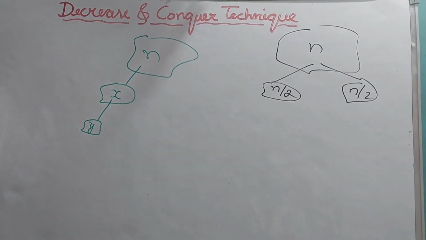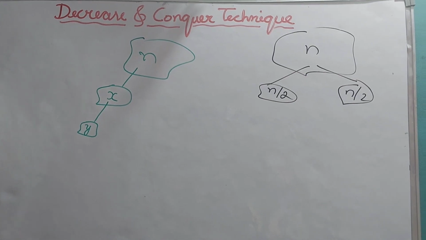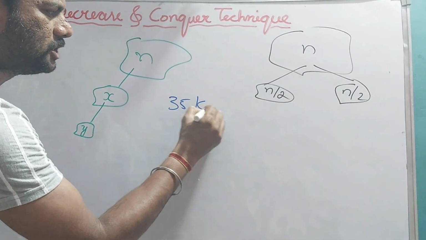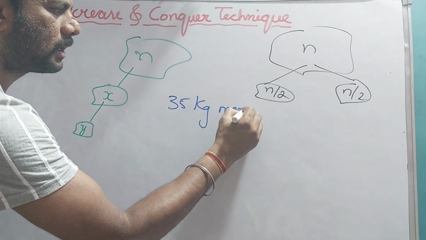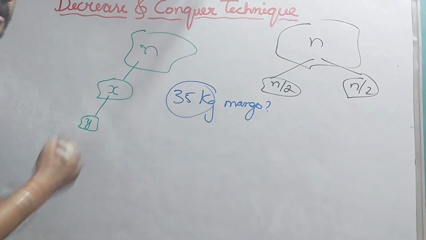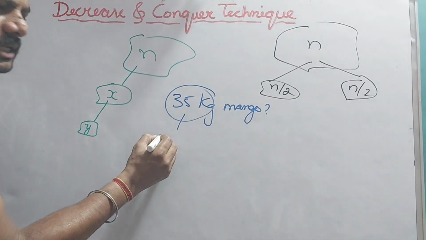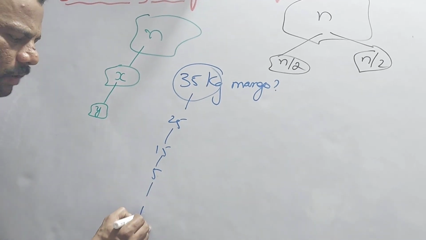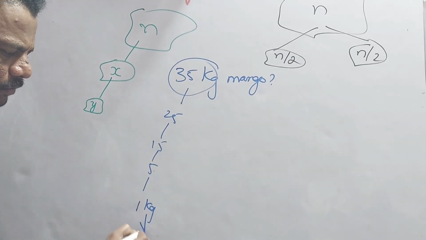Let us say, for example, I want to calculate the cost of 35 kg of mango. Assume this is a huge number, so I keep reducing. Let us say 25. Again I reduce it to 15, then 5, then 1. So now I find out for 1 kg.